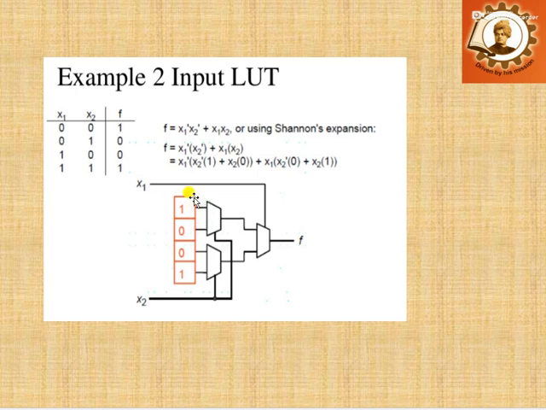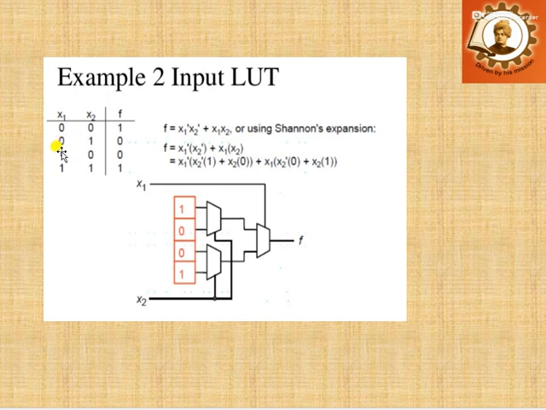So that means the first cell of your lookup table will be selected, so f will be equal to 1. You put 1 in the first entry.